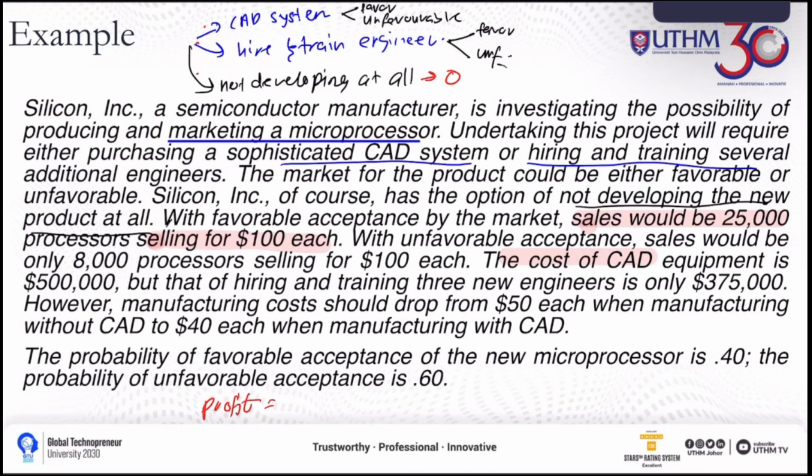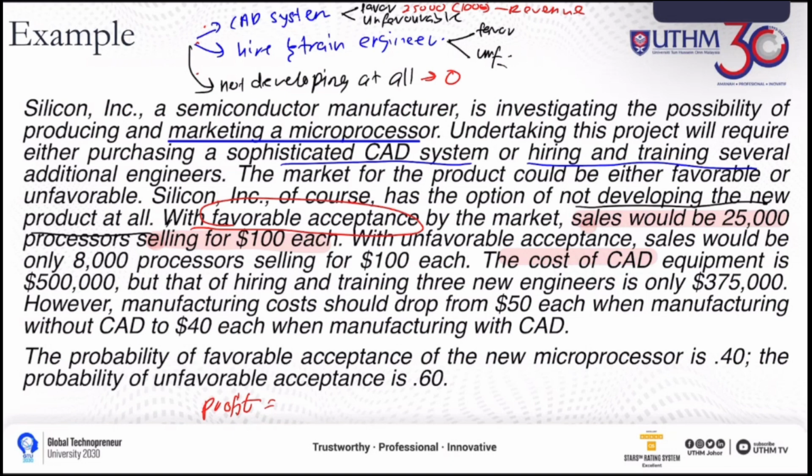So they say that the favorable acceptance in the market would be 25,000 with the selling price of 100. Sorry, 100. So that is your revenue.